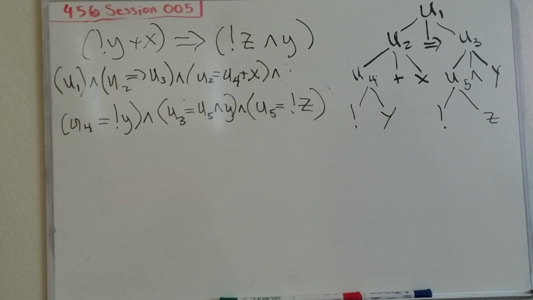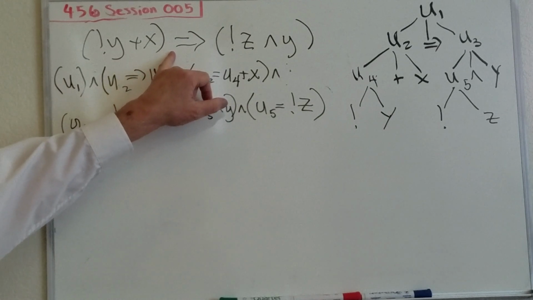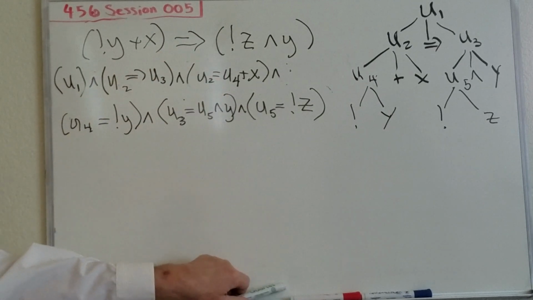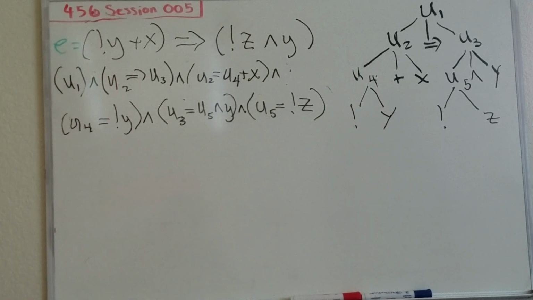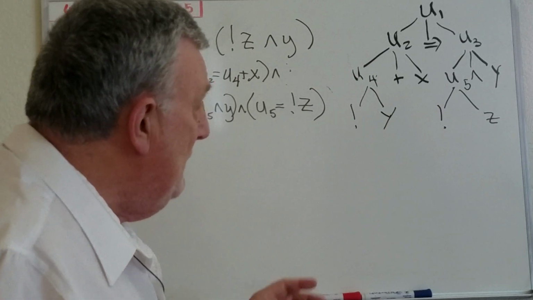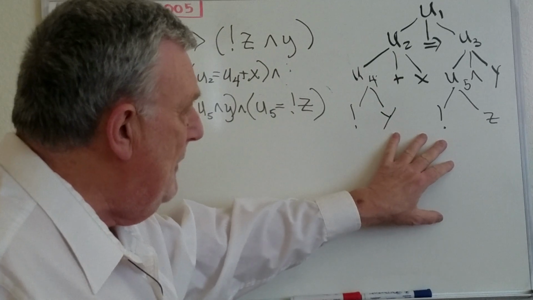Well, we need a polynomial space, polynomial time reduction of SAT to 3-SAT, and we make use of the grammar to do this. Now, starting with this expression here, I guess we could call this E if we want. Then we draw a parse tree for E, in which every internal node is assigned a new variable.